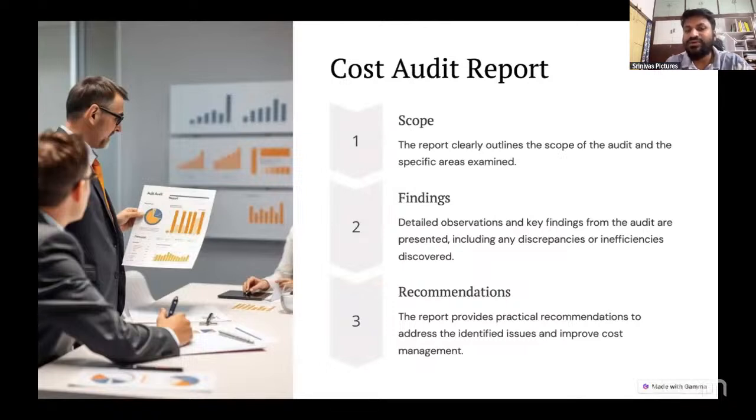Cost audit report. The cost audit report is generally classified into three categories: scope, findings and recommendations. Scope: the report clearly outlines the scope of the audit and specifies the areas examined. Findings: detailed observations and key findings from the audit are presented, including the discrepancies and inefficiencies discovered.